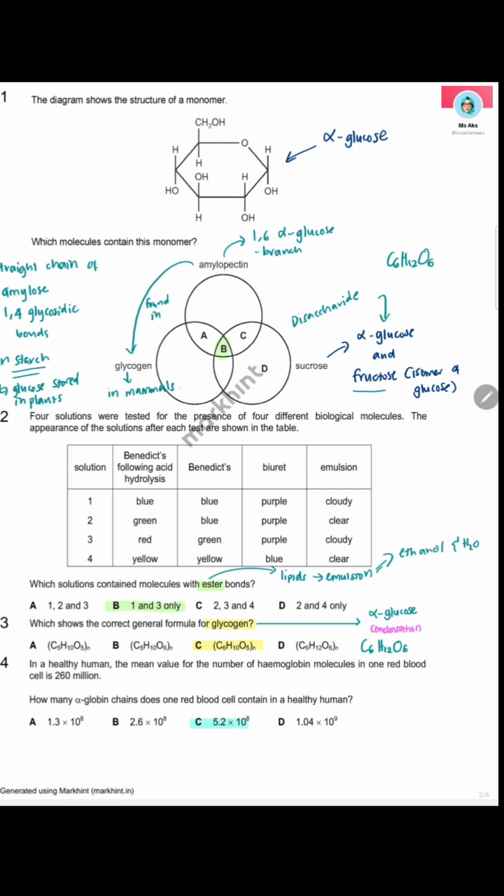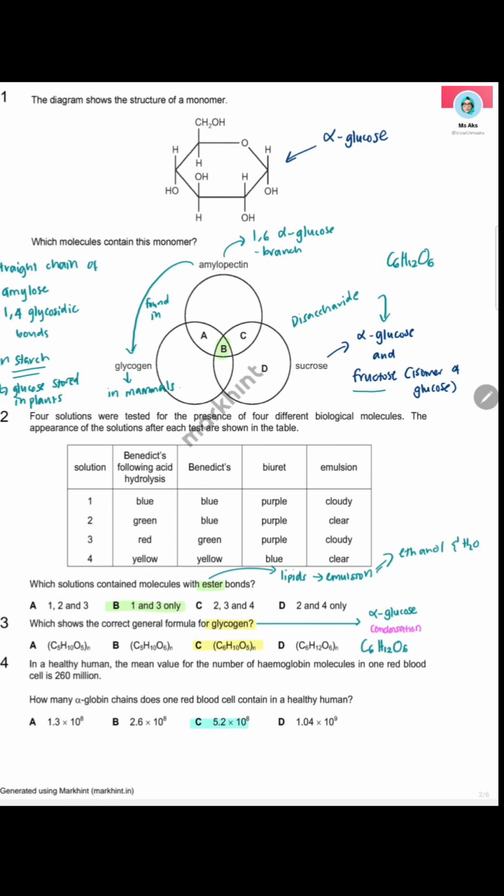Right. For question number 3, they want us to find the correct general formula for glycogen. Just as I said earlier, glycogen is how a mammal would store its glucose. As glycogen is formed with monomer units of alpha glucose, there is a 1,4-glycosidic bond for amylose and a 1,6-glycosidic bond for the amylopectin molecule.